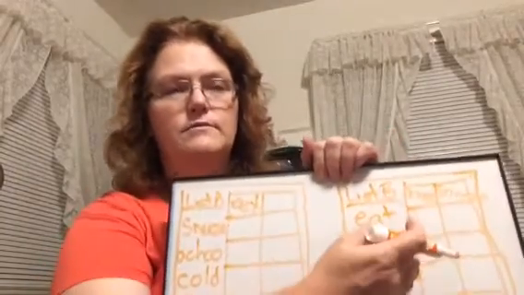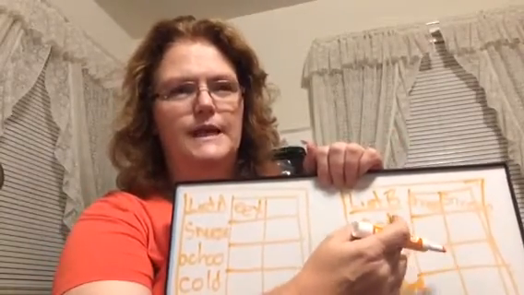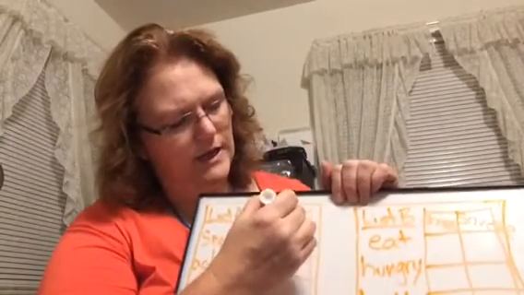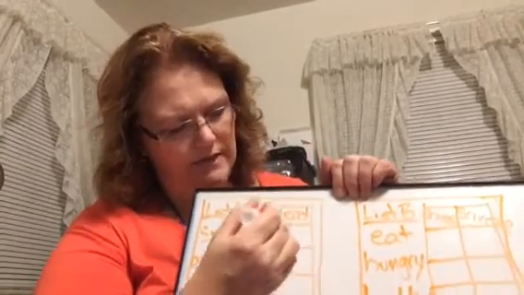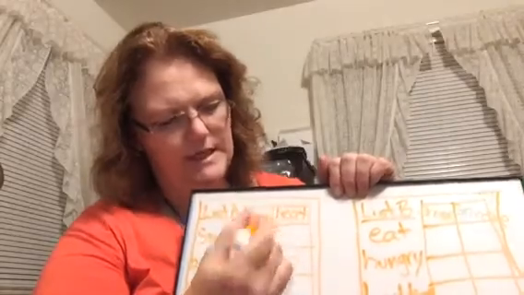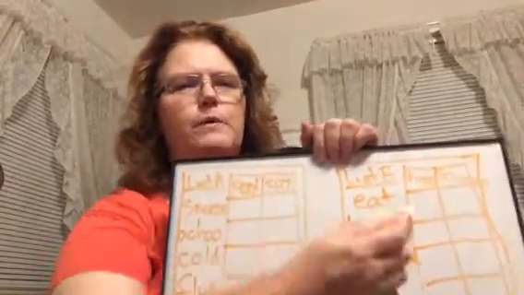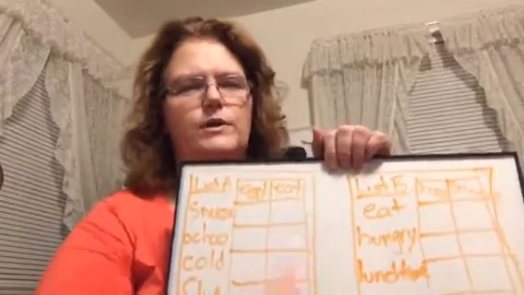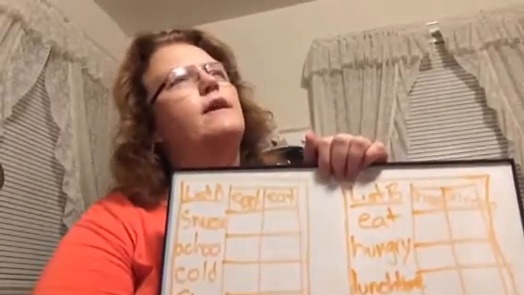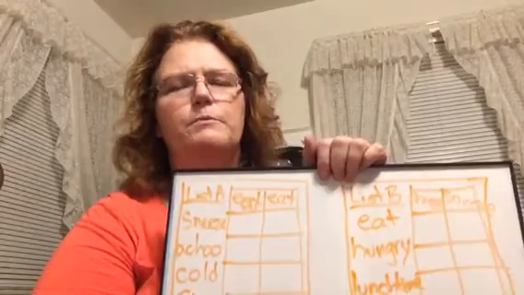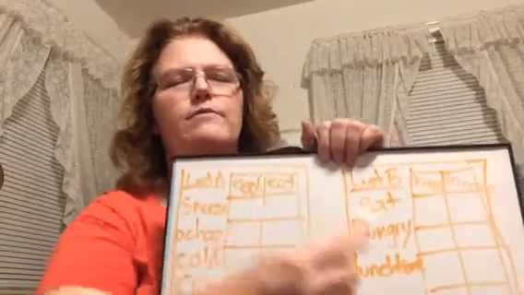And then the person with the pinkish paper will say, you spell eat, E-A-T. And so they'll write E-A-T. And they'll come over here and fix their mistake. E-A-T. And you just keep going back and forth until you get all the words done. And I think you have 8 or 9 words. I don't remember. But you go back and forth with your partner.